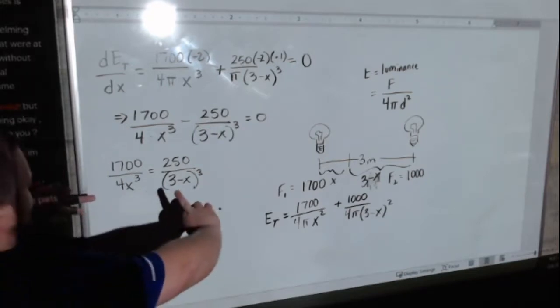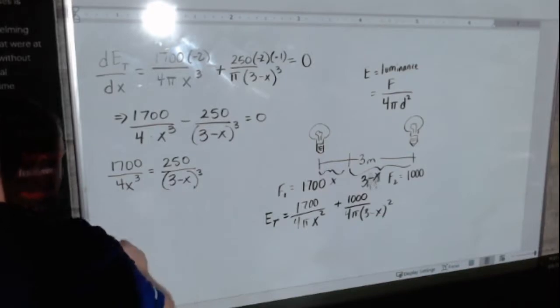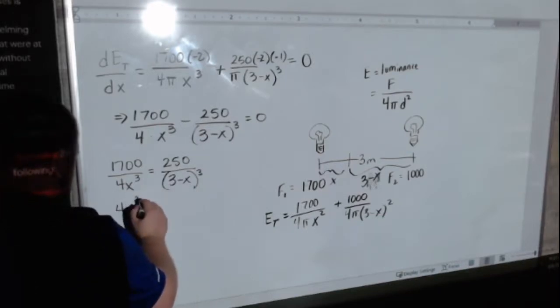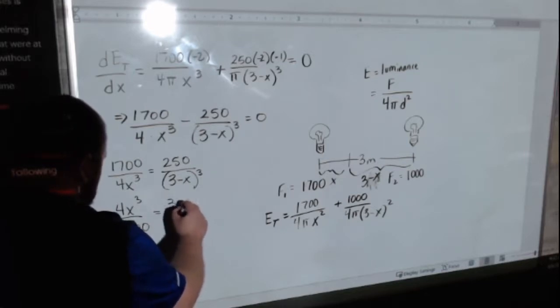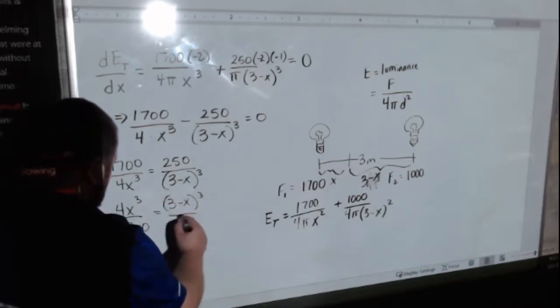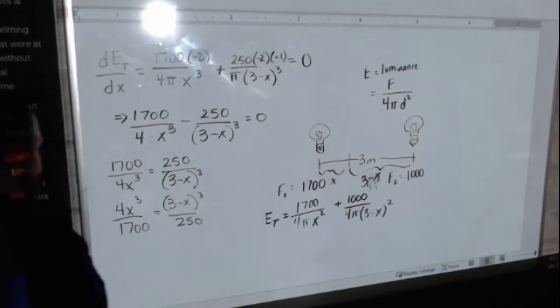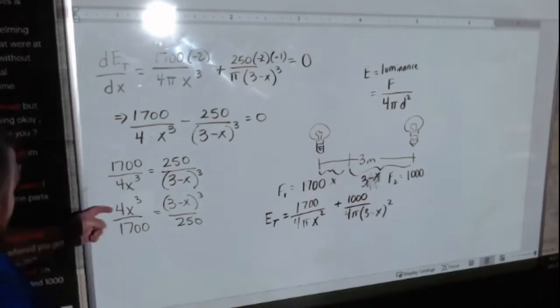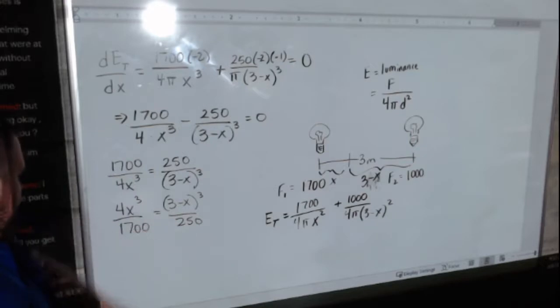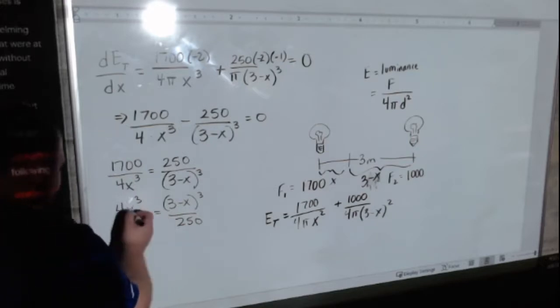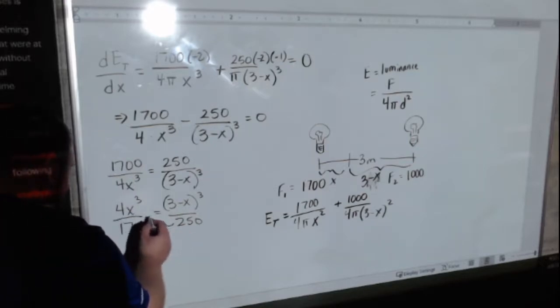That means I can flip both of them, and they still are equivalent. I'm then going to take this 4x cubed. I think I'm going to move it over here and move the 250 over there. So I'm going to multiply by 250, divide by 4x cubed.